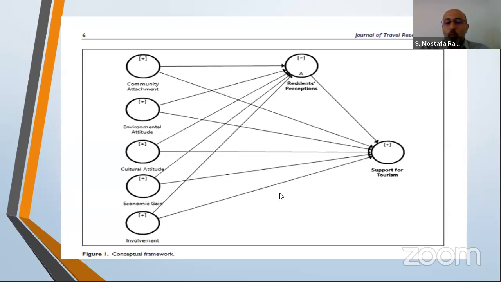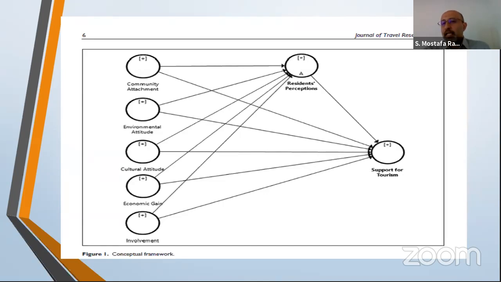Another thing: when we want to hypothesize the mediation role of resident perception between community attachment and support, we need support from literature for the effect of community attachment on resident perception, right?